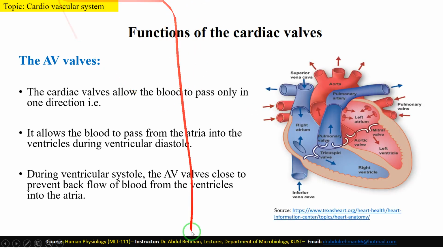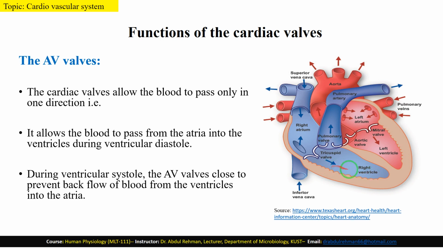Here you can see when the right atrium collects deoxygenated blood from the body, then during ventricular diastole, the tricuspid valve becomes open and it allows blood to pass to the right ventricle.